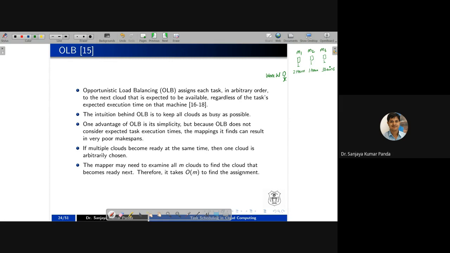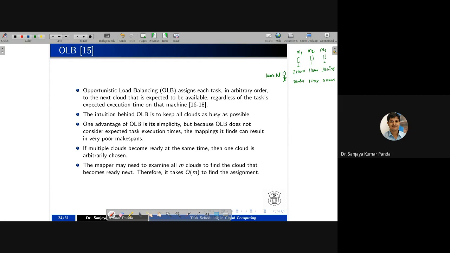It may happen that the work W takes 30 minutes here to complete, right? 1 hour here to complete, and 5 hours to complete here. Let's say there is a quite old machine, right? If you consider a very old machine, it will take more time.